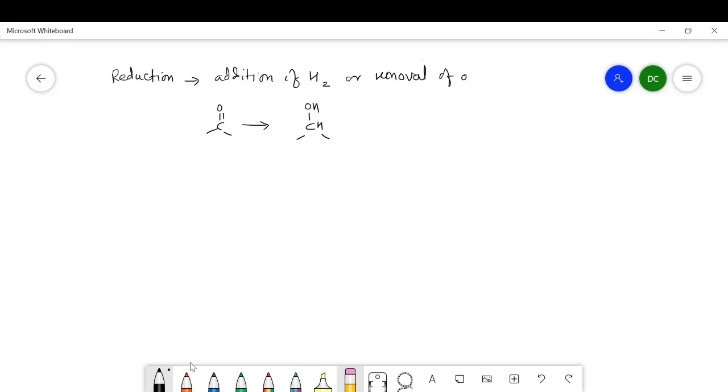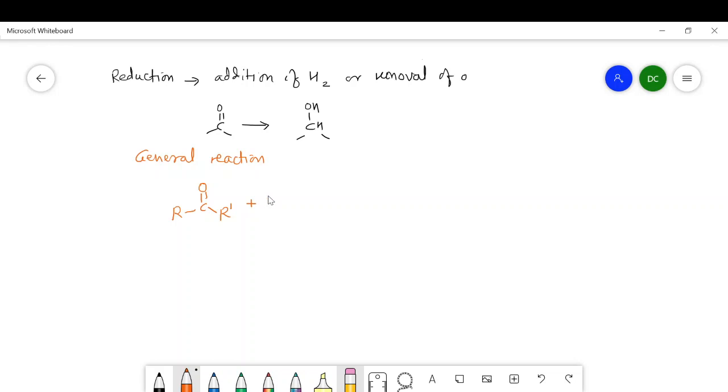So let's see the general reaction of MPV reduction reaction. I can write like this. Suppose this is the carbonyl compound RCOR dash, plus.